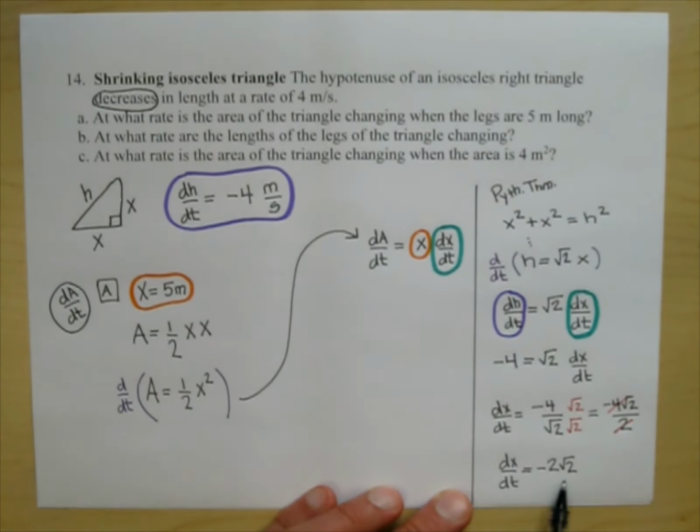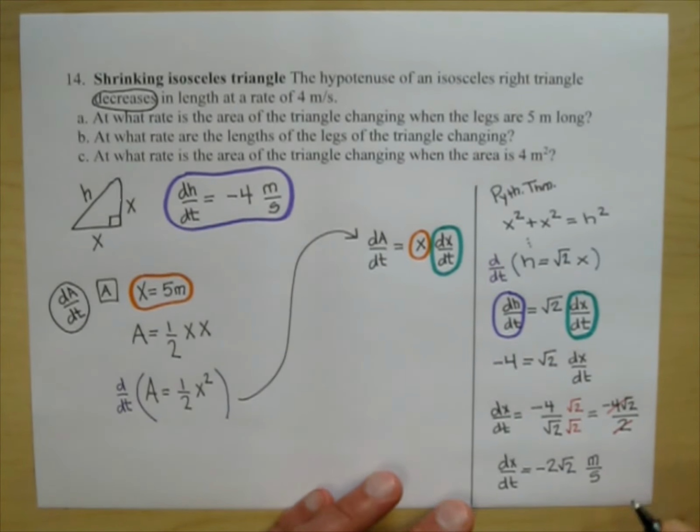So that looks a lot more simplified than negative 4 over root 2. So I have negative 2 root 2. And that's what we have, dx dt is that. And if you wanted to put units on that, x is measured in meters, and time is seconds. So I'm going to go ahead and circle that whole thing in green.